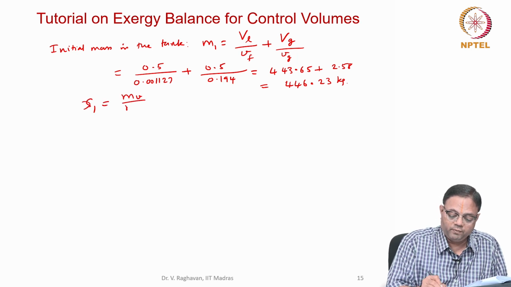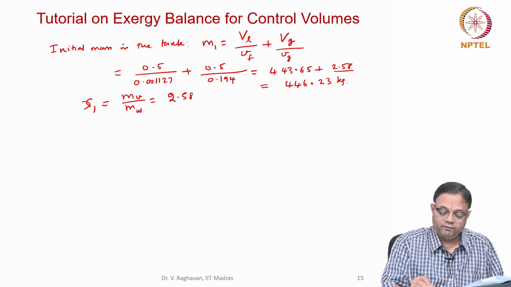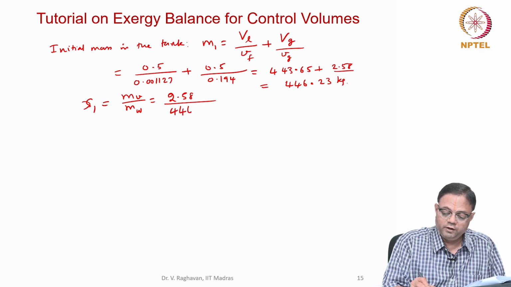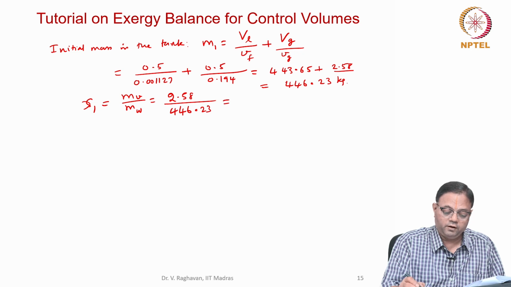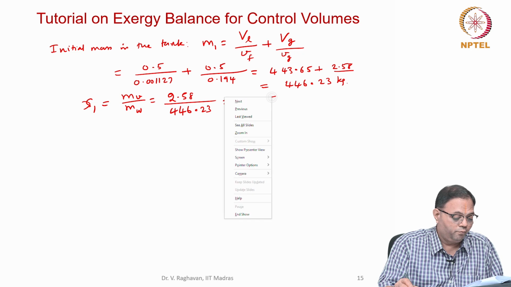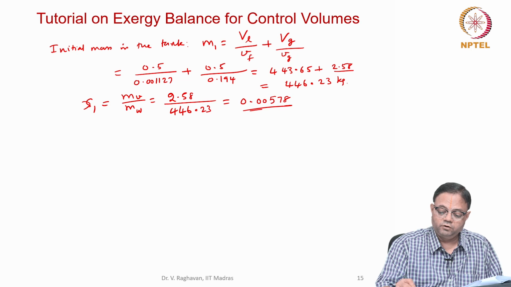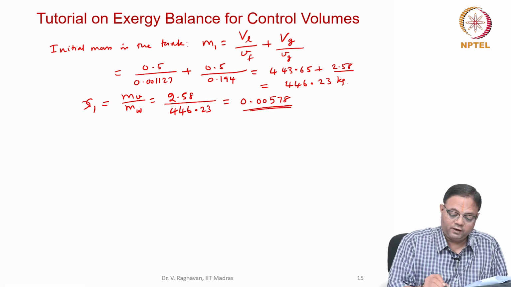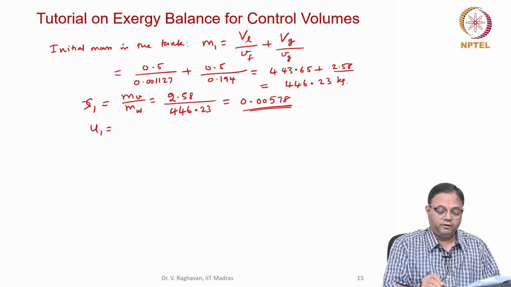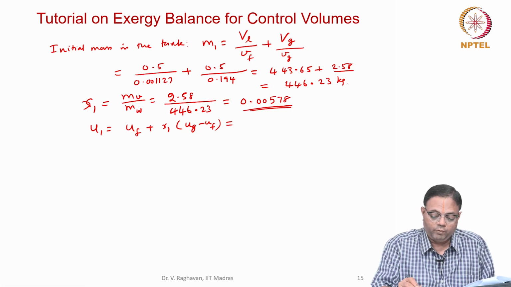So what is the quality at state 1? Mass of vapor divided by the mass of water, that will be equal to 2.58 divided by the total mass 446.23, that will come out as 0.005578, the quality. So from the quality I can find the internal energy, which is equal to Uf plus x1 into Ug minus Uf. We have already taken the values of Uf, Ug for 1 megapascal.